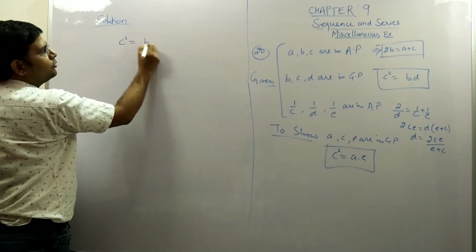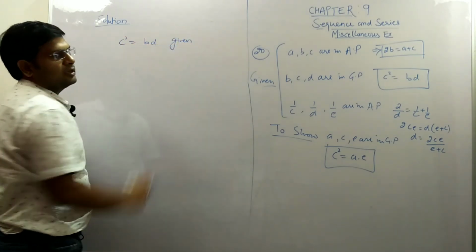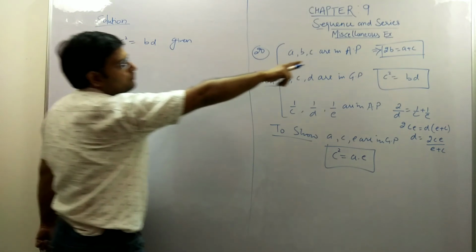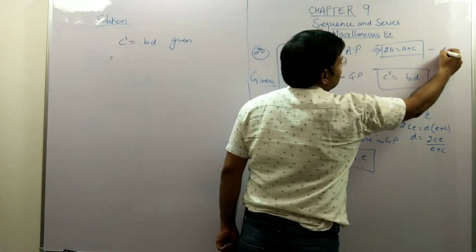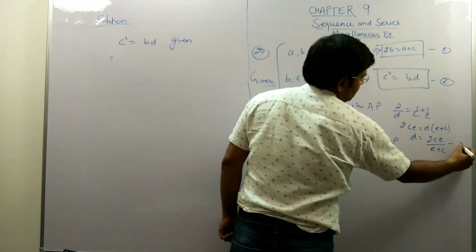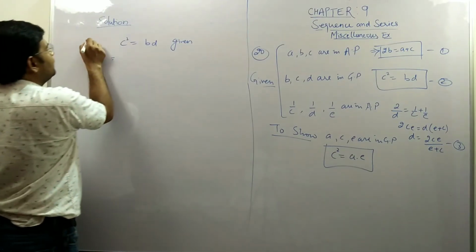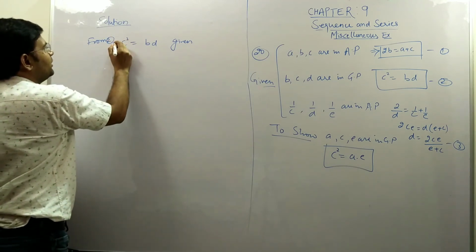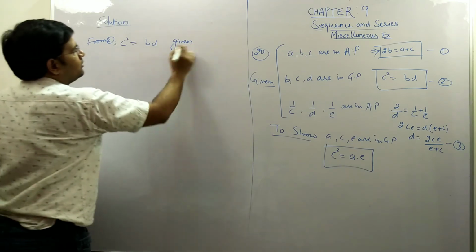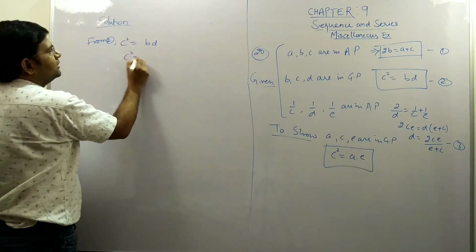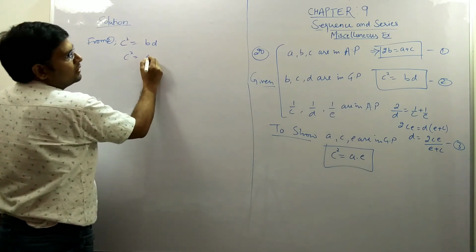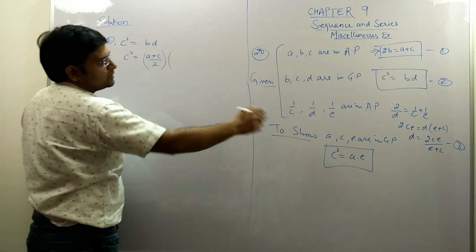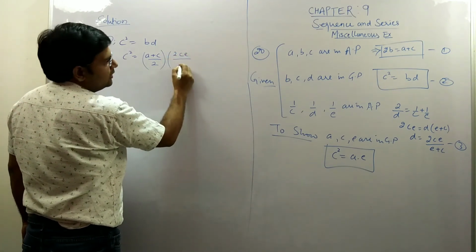c square equal to bd, this is given. Now b, you can find the value of b from this equation. We are marking this as 1, this as 2, this as 3. So from 2 we have started, that c square is equal to bd, and now in c square, this b can be written from 1 as a plus c upon 2, and this d from equation number 3 can be written as 2ce upon e plus c.